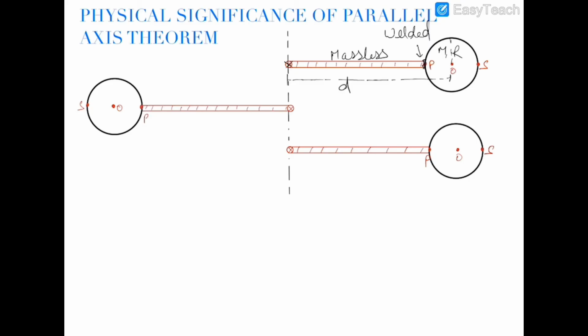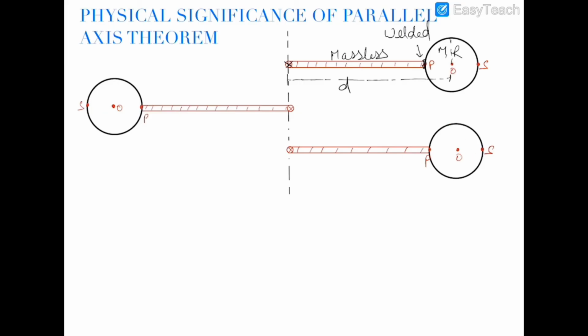So if we are rotating this complete system about this axis, which is passing through this point and which is also perpendicular to the plane containing this board, then after half rotation, this ring would be at this point, and after another half rotation, this ring would be at this point.